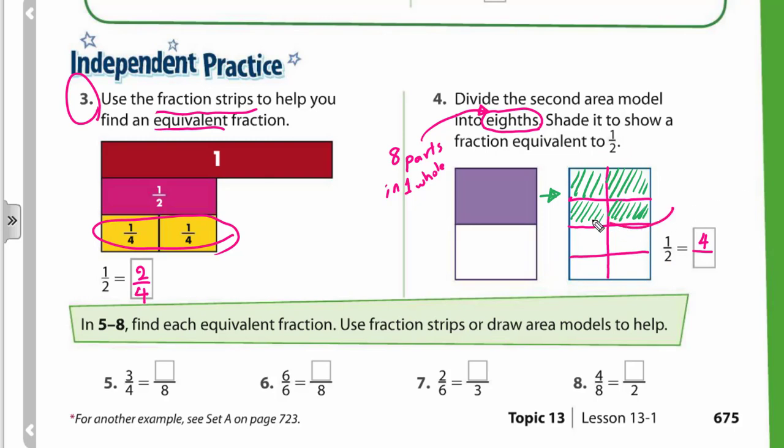My hero, 4 shaded. Yes. And the total, how many? All parts. 4 out of how many? 8. Okay, so 4/8. Okay, thank you, my hero.